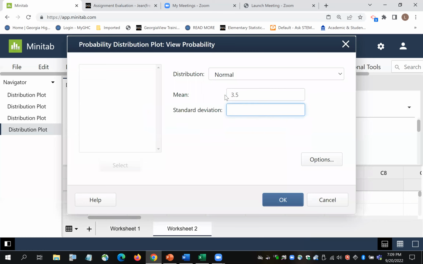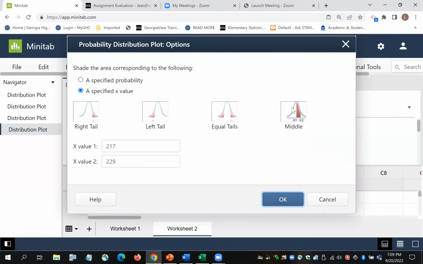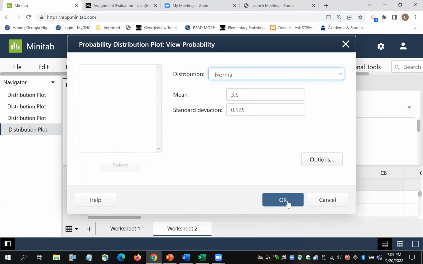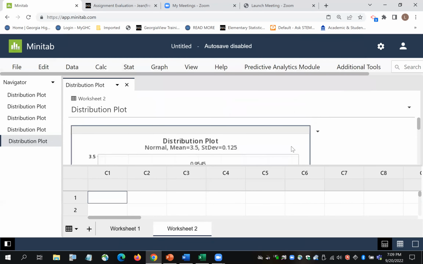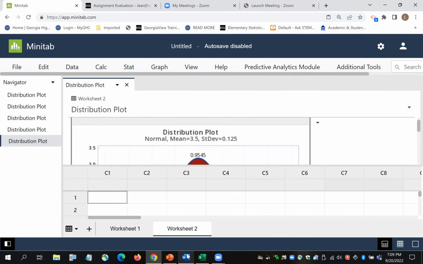The standard deviation is 0.125, entering the 3 decimal places that I was asked to round to. Options, we're doing between, which is the middle. And we're doing between 3.25 and 3.75. I click OK, OK, and it creates the graph.